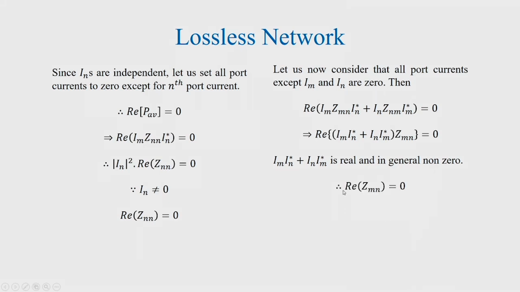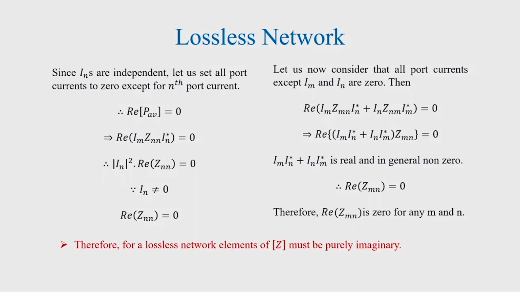So, we can say that the real part of Z m n is equal to 0, and therefore the real part of Z m n is 0 for any m and n. Therefore, if you consider a lossless network, the elements of Z must be purely imaginary.